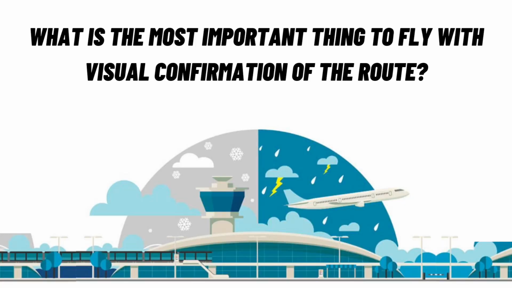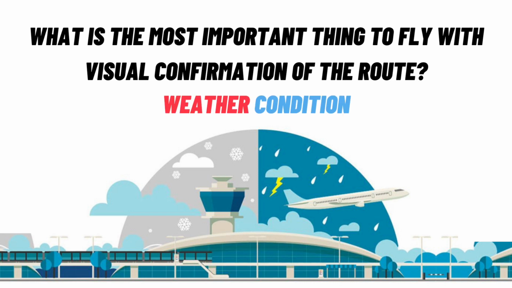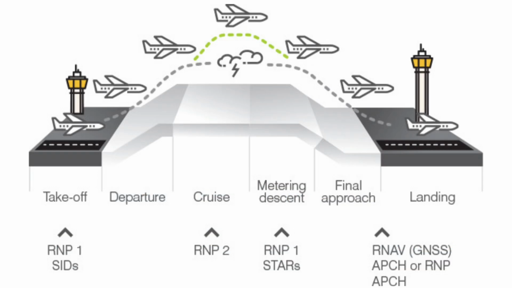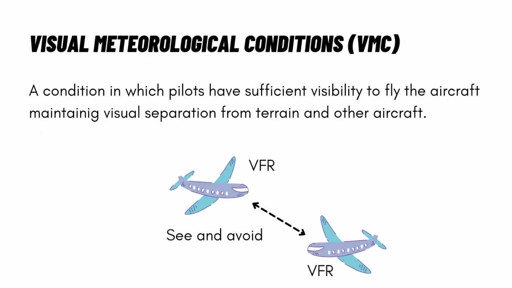So what is the most important thing to fly with visual confirmation of the route? Well, the answer is weather conditions. A weather condition in which a pilot can fly visually without the help of navigation aids is called visual meteorological conditions. The pilot must be able to operate the aircraft with visual reference to the ground and by visually avoiding obstructions and other aircraft.